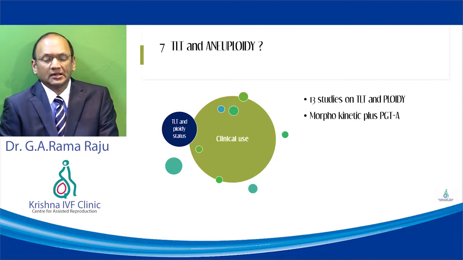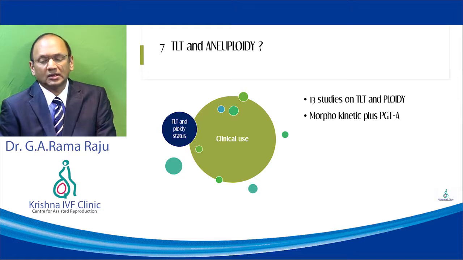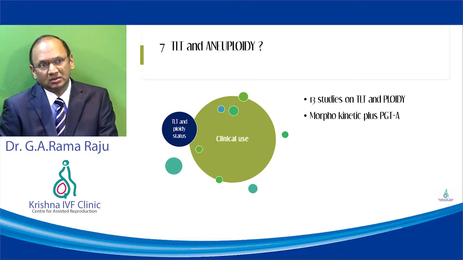What is the role of time-lapse technology and aneuploidy? Till date, 13 studies were done on time-lapse technology and aneuploidy, and the answer at this moment is they are parallel systems, but there is a suggestion coming in from some workers that you do time-lapse technology, select the best embryo, and then do a pre-implantation genetic diagnosis on that embryo, so that you are not wasting that embryo, and you are doing it for very few embryos which are morphokinetically normal, so your process is efficient.